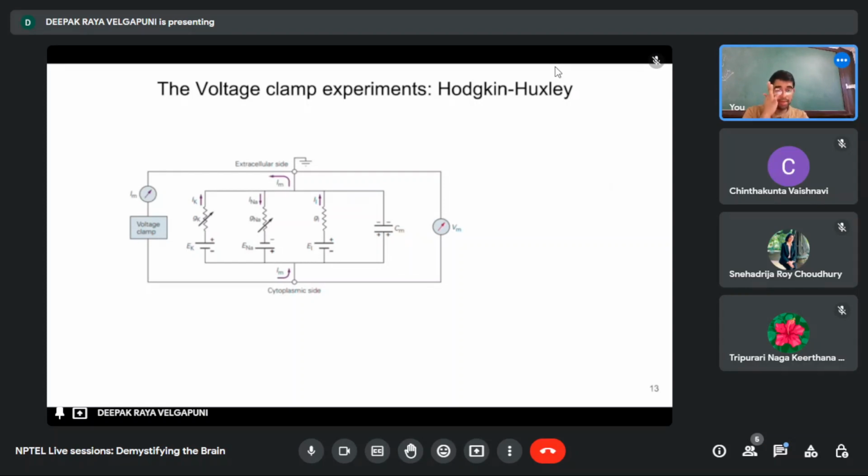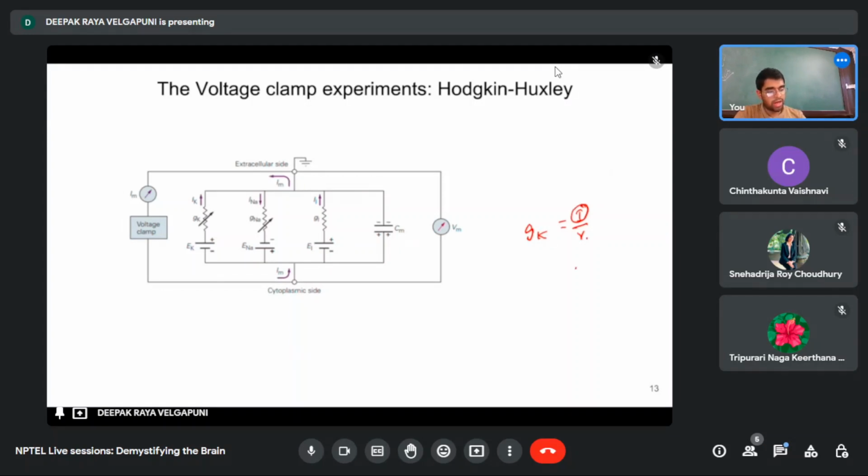So the voltage clamp maintains a command potential that you give, and then you can characterize how the currents are moving across the membrane. By keeping the voltage constant, you can calculate G, which is nothing but I by V, right? If you know the current flowing and the voltage, you can do that. Across this, what is the potential?